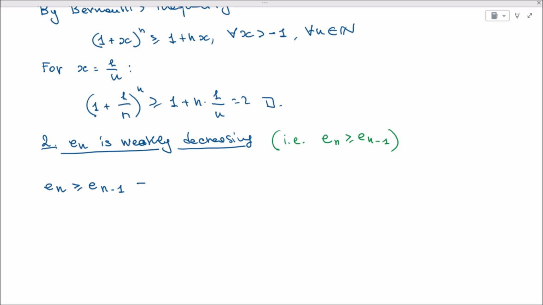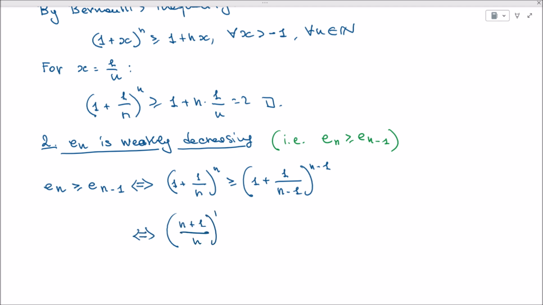So this is just like saying, if we replace En with (1 plus 1 over n) all raised to the n, well, this is larger than or equal to (1 plus 1 over n minus 1) all raised to the n minus 1. But again, this is true if and only if we transform the first parenthesis with a common denominator: we get (n plus 1 divided by n) all raised to the n.